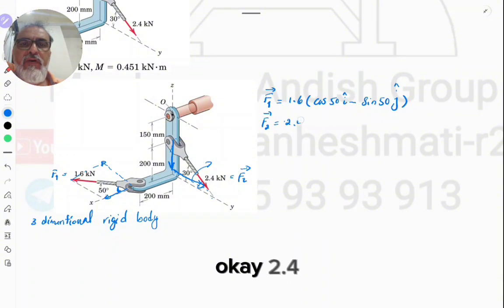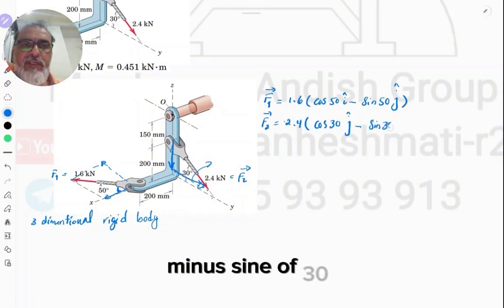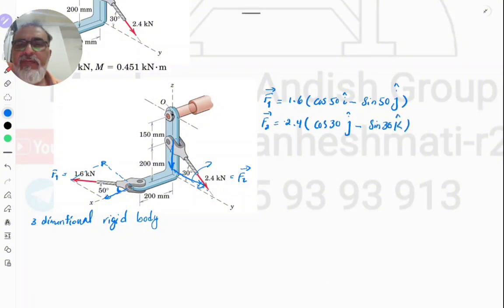Okay, 2.4 cosine of 30 j in positive direction minus sine of 30 k.